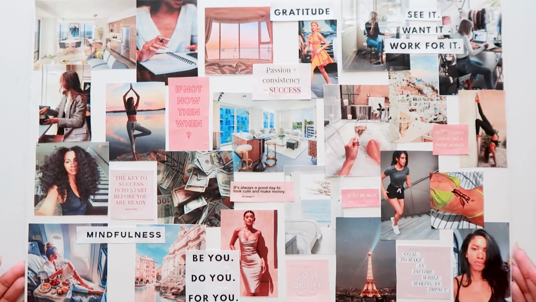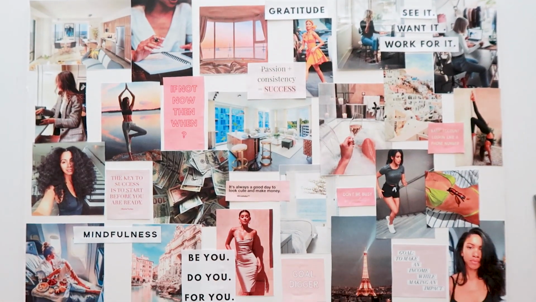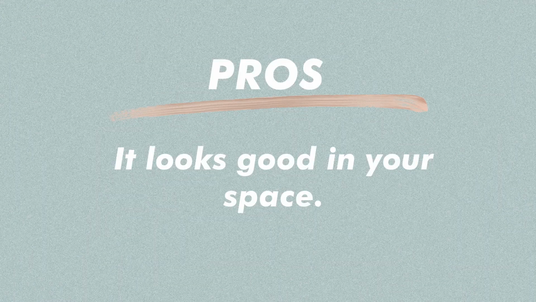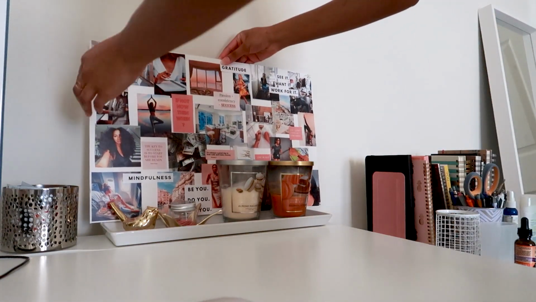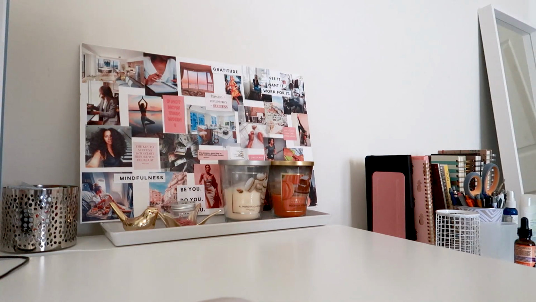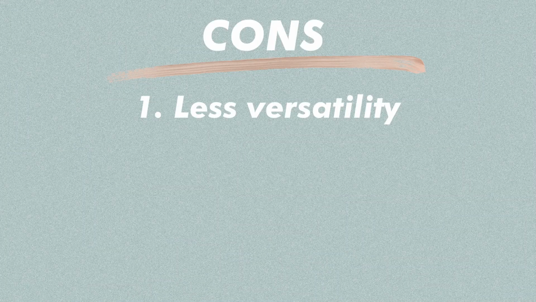So the pros of having a physical vision board is that it really looks good in your space and you can put it wherever you want, in your room, on top of your desk, on top of your dresser, and it just adds to your space. And the cons of having a physical vision board is that it's less versatile.